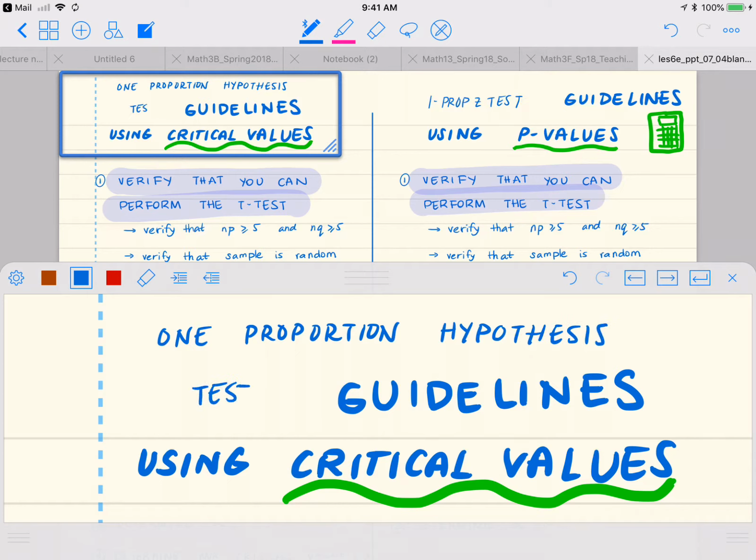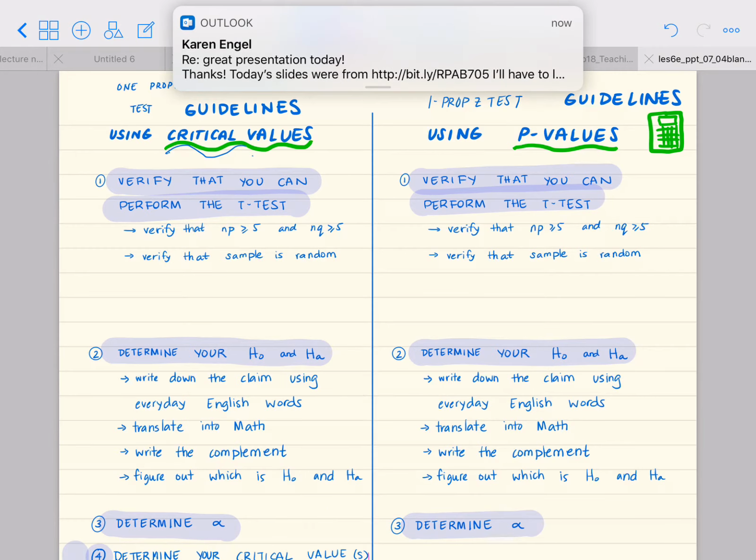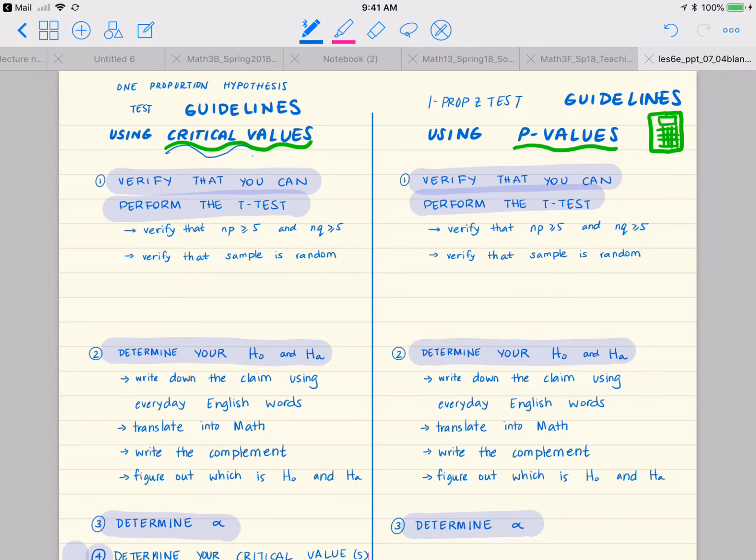And the two different methods are essentially using critical values, which is in green here, and the other method is using p-values. And this is on the calculator.